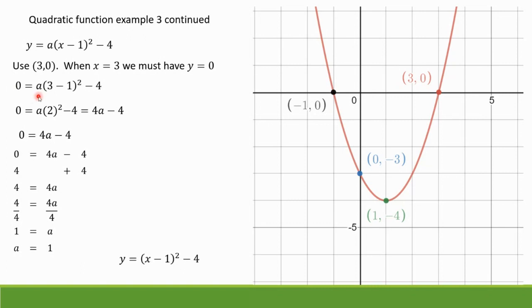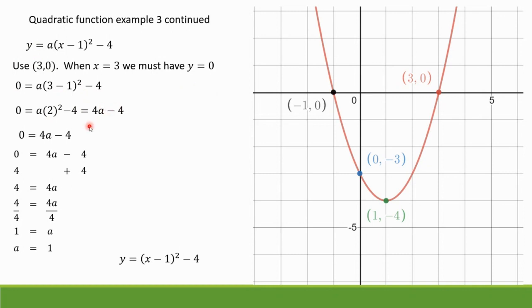So we have 0 equals a times 3 minus 1 squared minus 4, right? When x is 3, we have to get 0 back. So we plugged in 3. We can now manipulate. We get a times 2 squared minus 4, which of course is a times 4 minus 4, which is 4a minus 4.